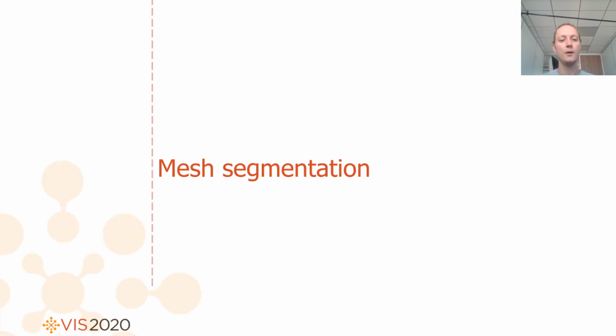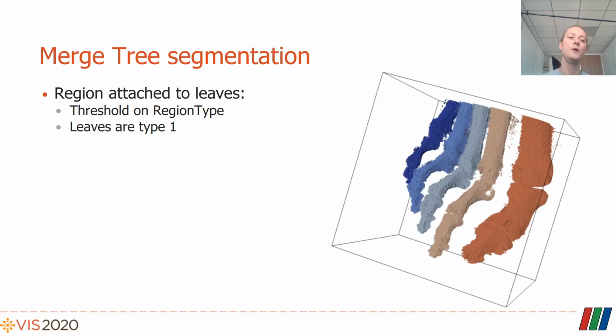Now, let's extract the areas corresponding to the leaves. For this, we need to get the regions which are attached to the leaves, and these regions have a region type of 1. Once again, we will use a threshold to get them.